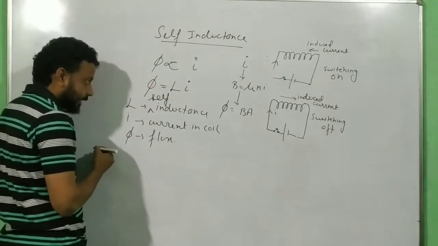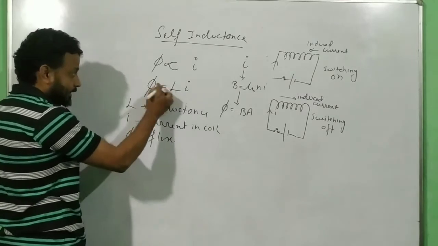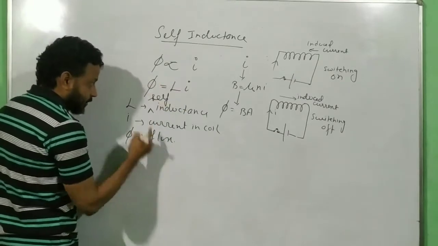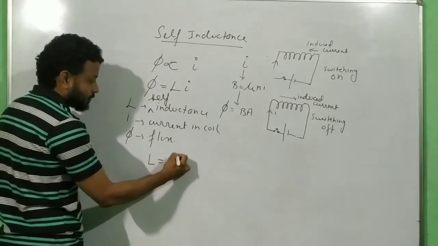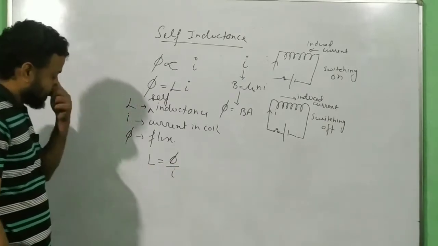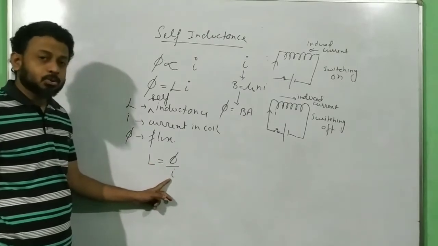Now, how do we define L? This is a part of the ISC curriculum. This is a defining equation. So from this equation I can get L is equal to phi by I. So, how do you define L? Self-inductance is equal to the flux when unit current flows through the coil.